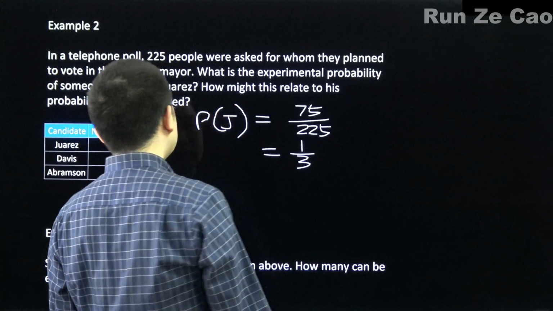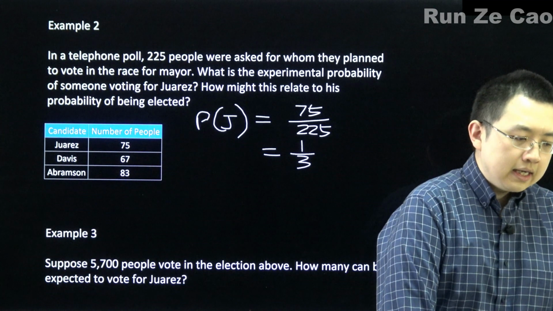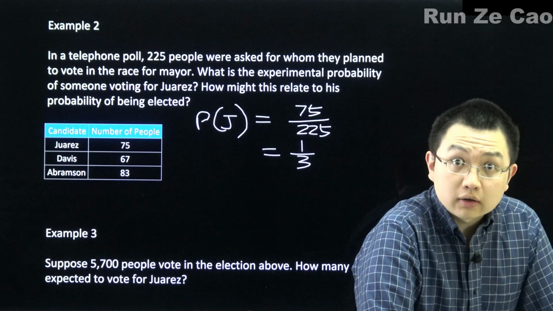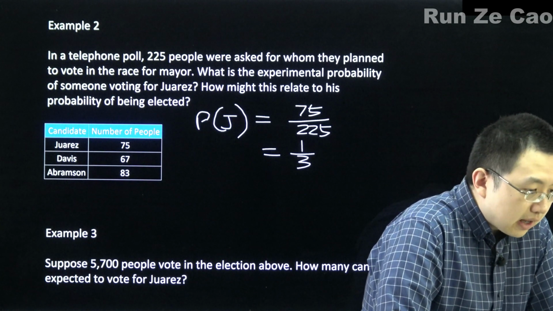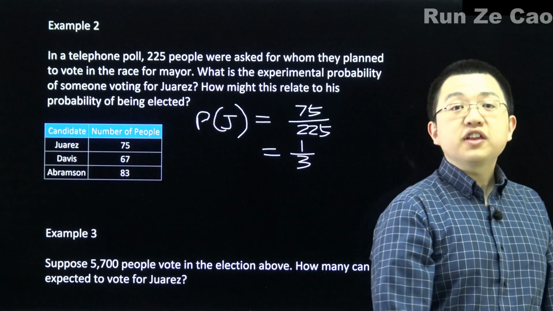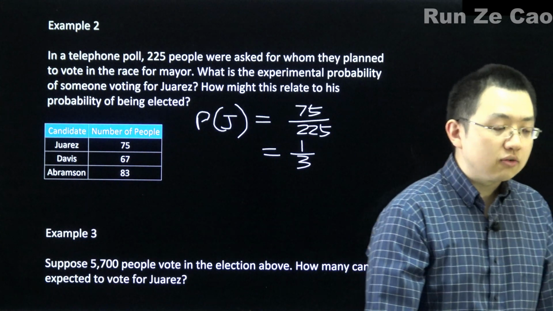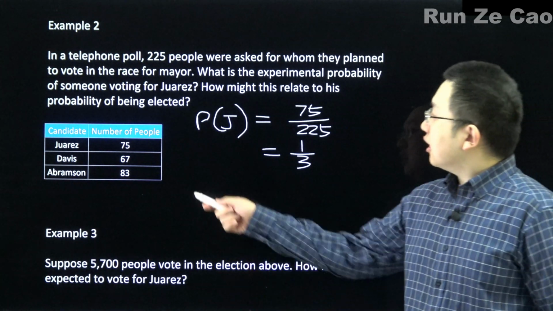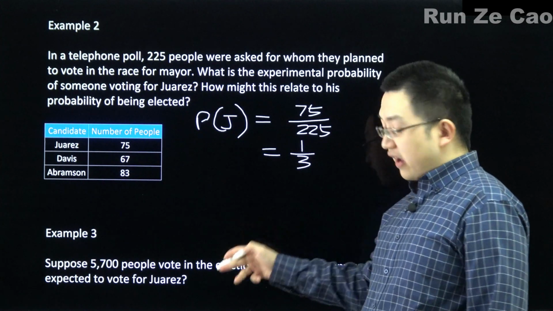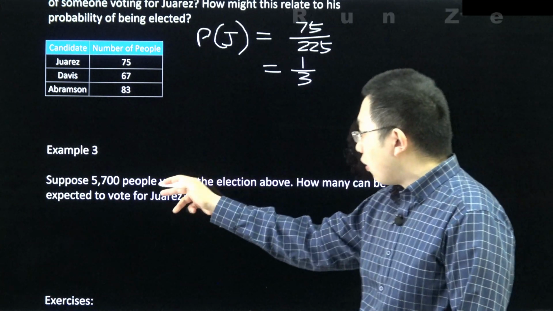How does this relate to his chance of actually being elected? That is actually very complicated. His chance of being elected is not 1/3. Abramson is noticeably higher in experimental probability of someone voting for him. So if all the votes were distributed randomly with this probability distribution, Huarei has a very, very low chance of being elected with this many voters.